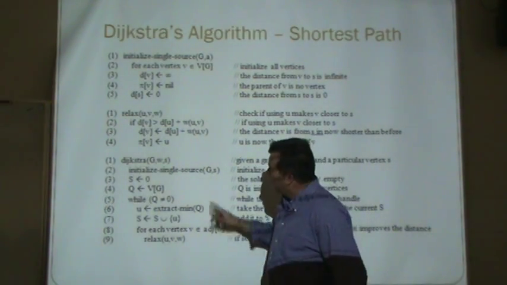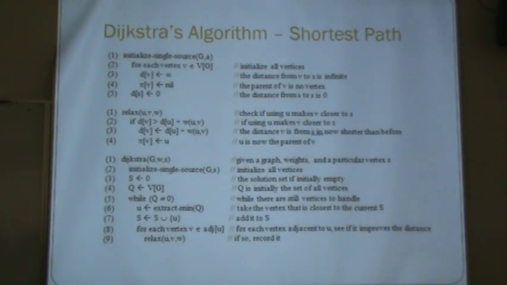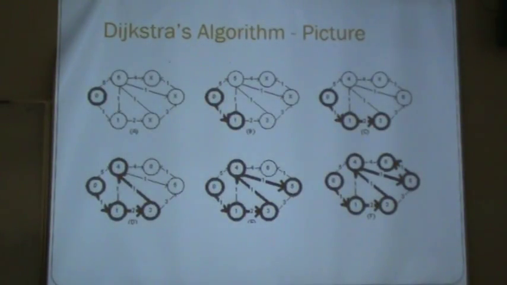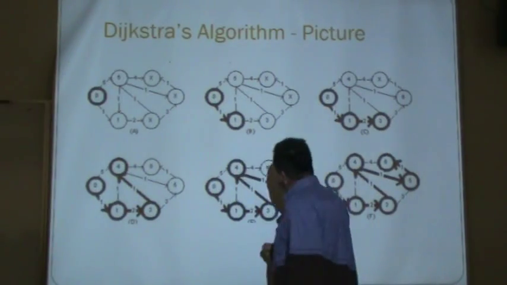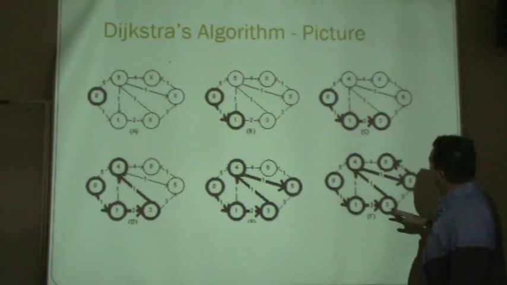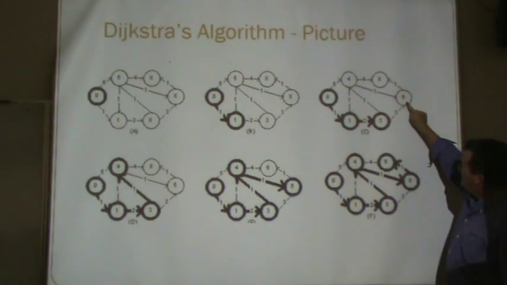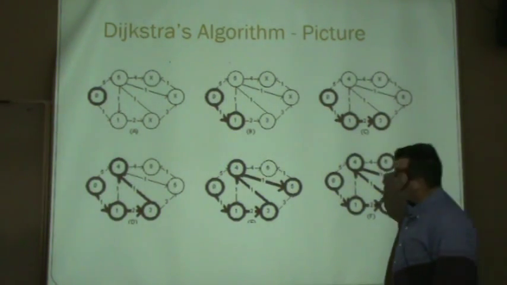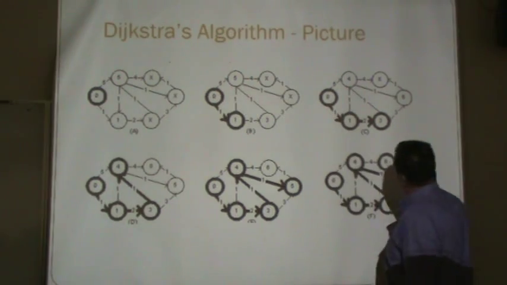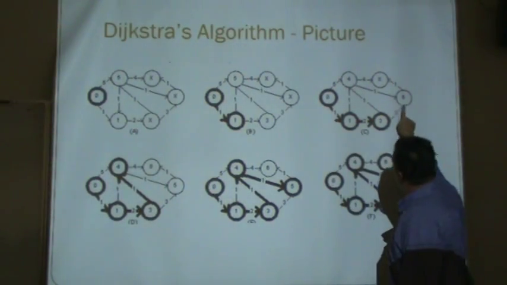So this would be like, for example, at the point where we said, I know how to get to here in 6 hops.